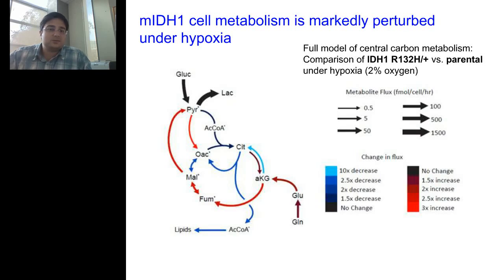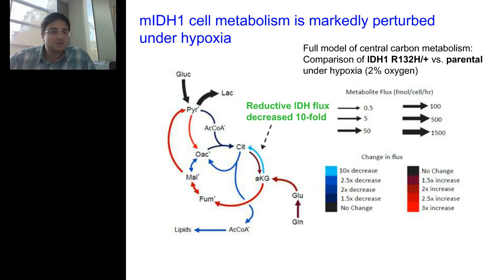And in fact, that's what we see when we place these cells under hypoxia. We see profound changes. Shown here are the results of a tracer analysis and model-based output of intracellular metabolic fluxes.